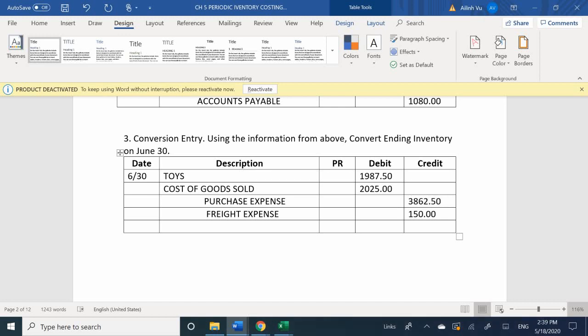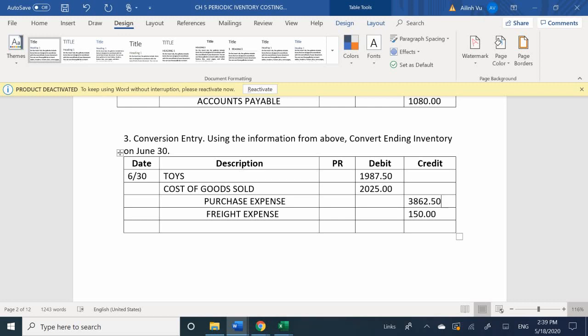Yes. 3,862.50, okay? Purchase expense only includes how much it cost you for just that purchase of the item, okay? Freight will always be separate. Okay? All right. So right now it is 240.